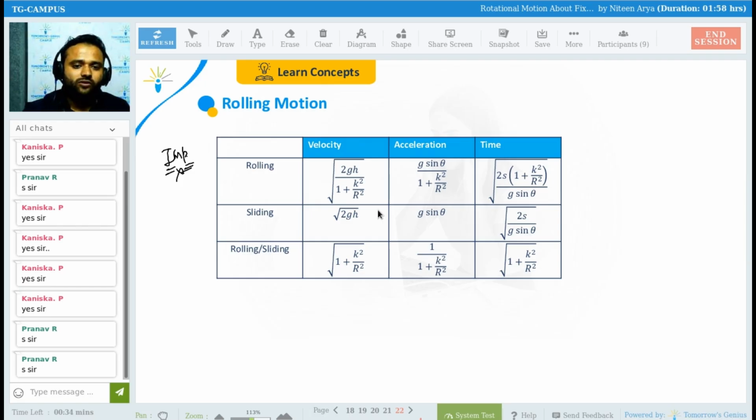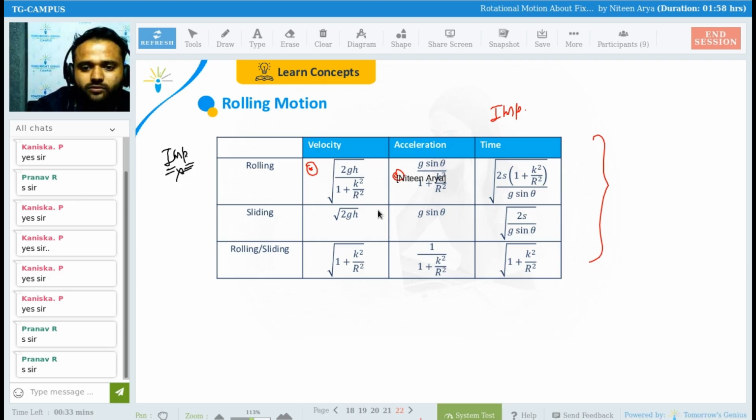If it is rolling or sliding, we cannot say, so velocity is this, acceleration is this, and time is this. Nothing new, but a summary from the last 2 slides, important one. This one is very important, and this one also. Even if you forget the last one, the upper 2 are very important.